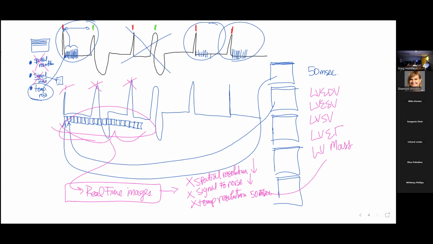So that's how we capture the movies. We've talked about 2 weeks ago how we get a still picture, T1 and T2 and tissue characterization. And now you've learned how to collect the movies. And when you get a fuzzy picture, you know what you can adjust to get the picture to look adequate as to what you need.